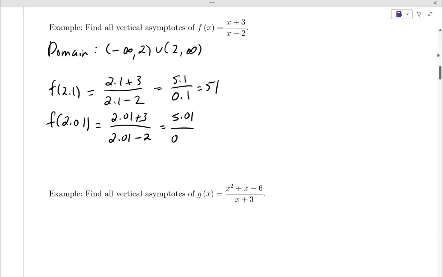On bottom we get 0.01, which is the same thing as a hundredth, right? Dividing by a hundredth is really multiplying by 100, right? And then we end up with 501. Doesn't it look like those outputs are getting really, really big? Yeah. So in this case, we would say that our vertical asymptote would be x equal to 2.